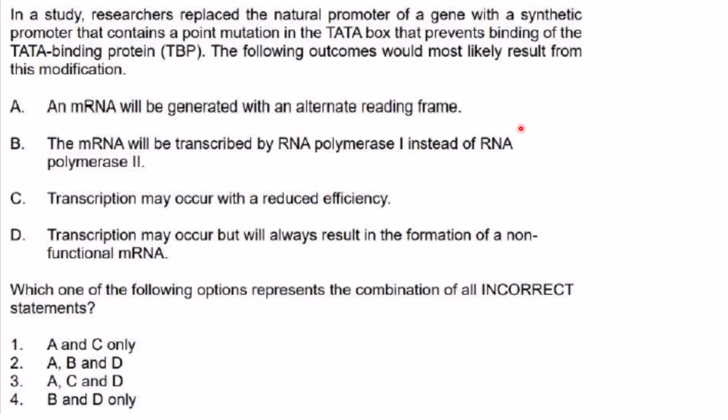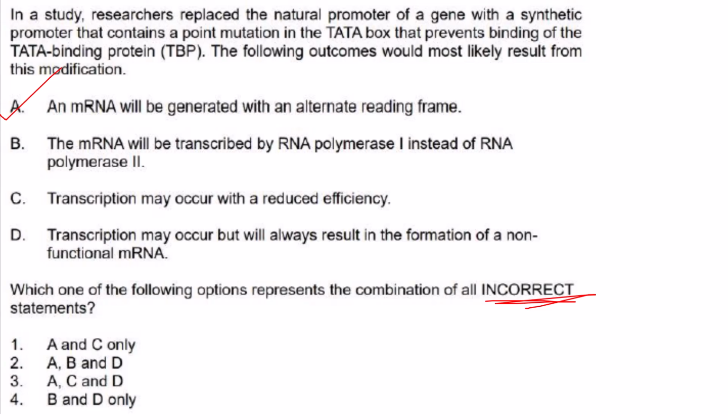If it has to be an alternate reading frame, then it must be because of some frame shift mutation. But the coding region is not affected, then how will it result in an alternate reading frame? Only the Tata box region is affected. So A is not correct. They have asked for an incorrect statement, so A will be one answer.